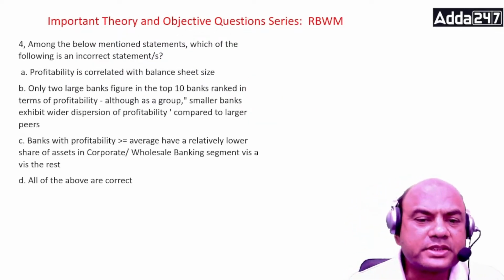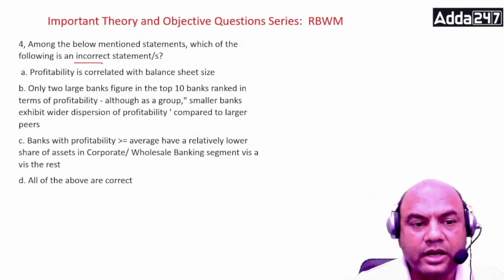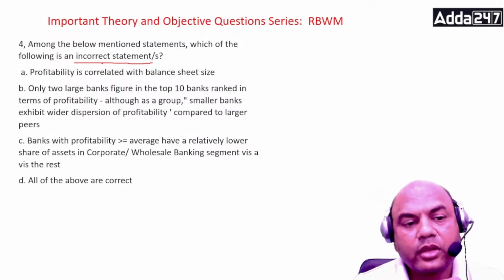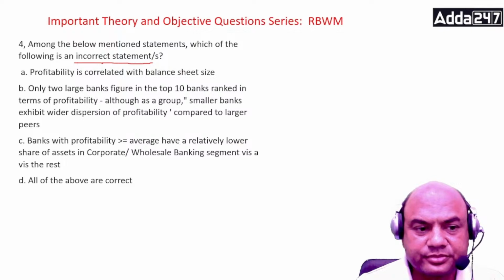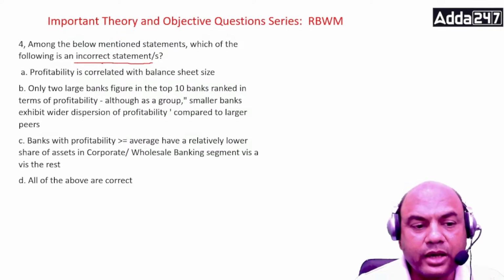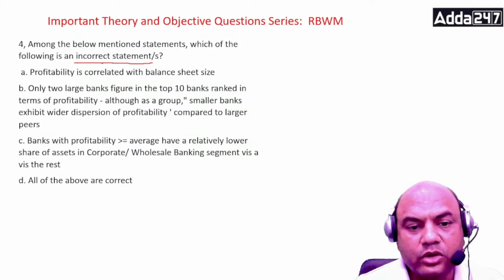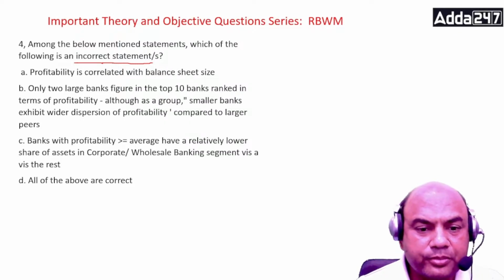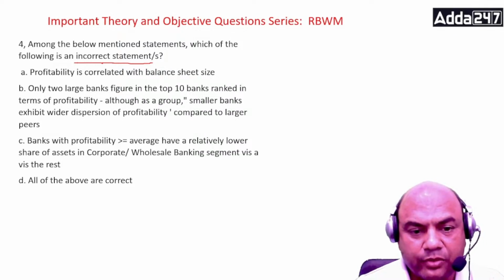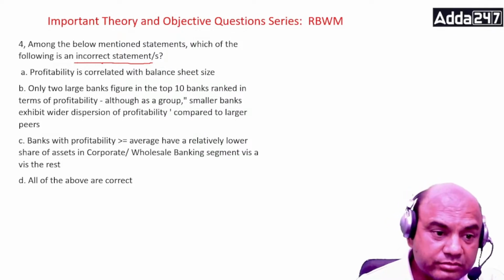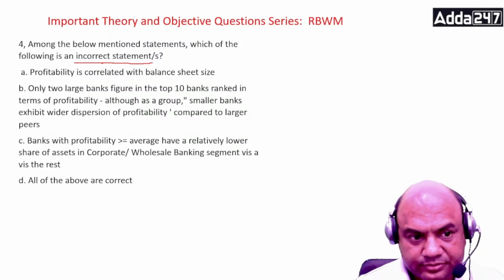Among the below mentioned statements, which of the following is an incorrect statement? You want the incorrect one now, not the correct one. Profitability is correlated with the balance sheet size. Only two large banks figure in the top 10 banks ranked in terms of profitability, although as a group, smaller banks exhibit wider dispersion of profitability compared to their larger peers.